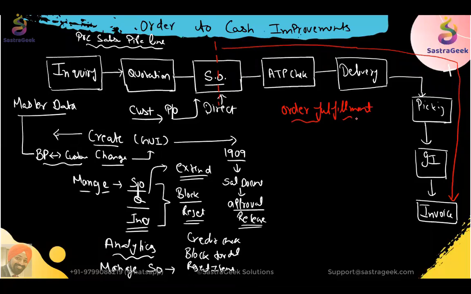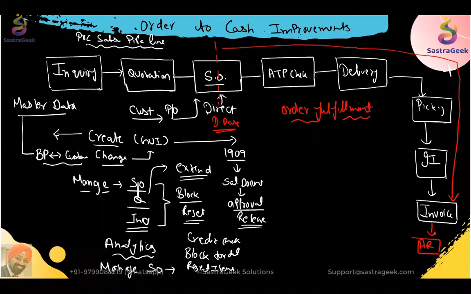Once you have received the order, multiple teams or groups of people make sure that this order is fulfilled as per the given delivery date. Invoice is posted. Once the invoice is posted, next the accounts receivable would receive it, but that's the finance part. Until successful invoice posting, this part comes under order fulfillment.